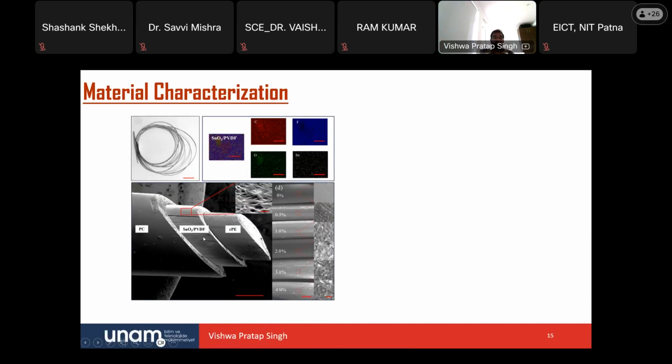You can see this is the same image. The scale is around 1 mm, so you can understand this dimension is 1 mm. Here we have the PC, and the structure is similar to what we got in the preform. We have the PVDF, and we got the CPE here.